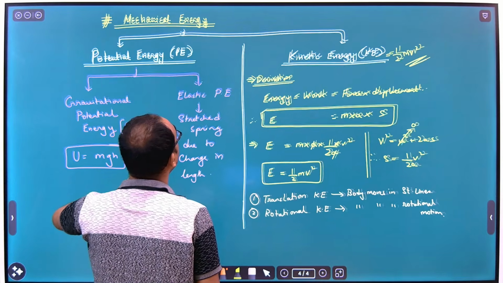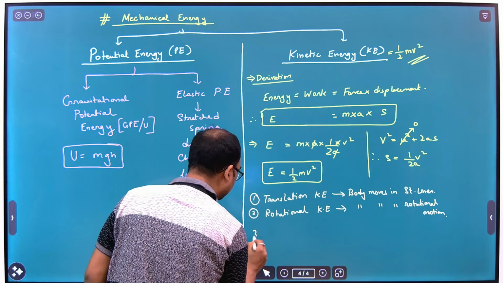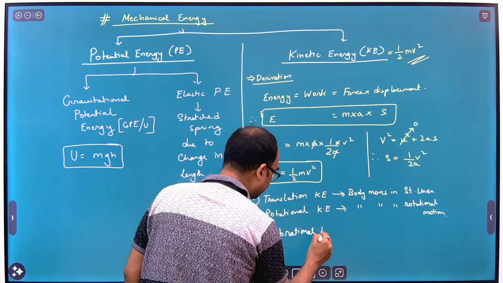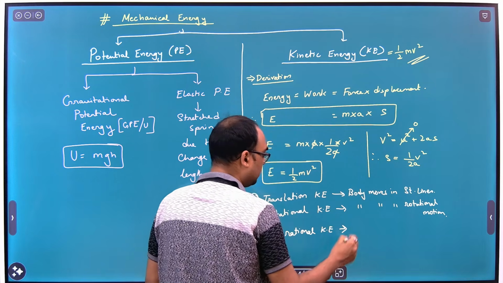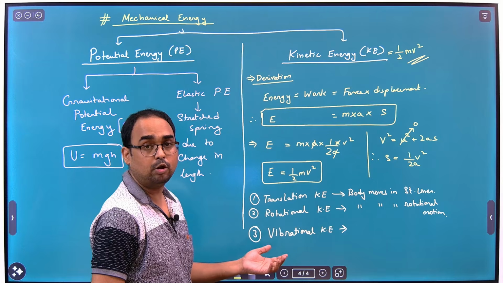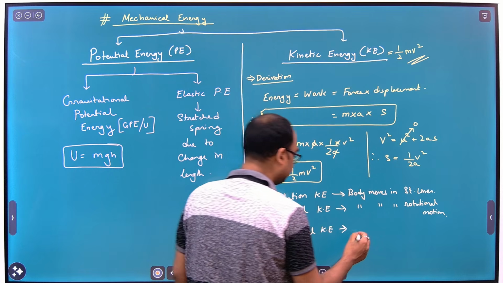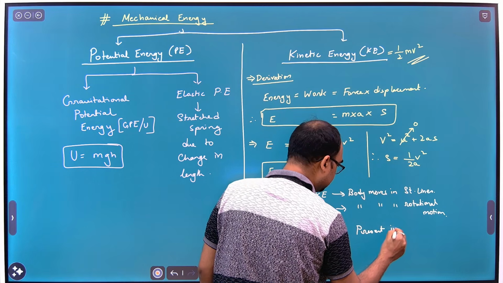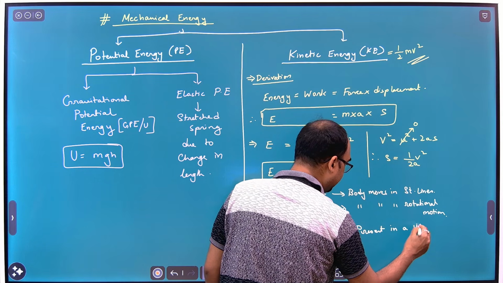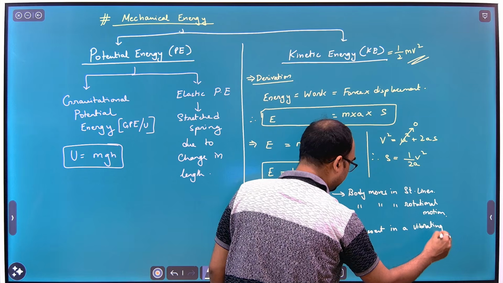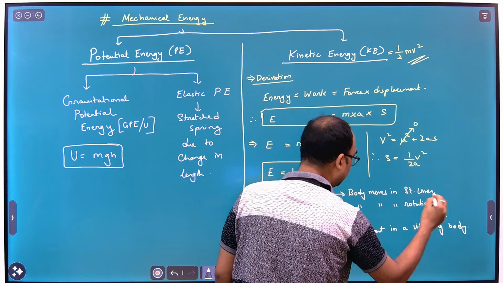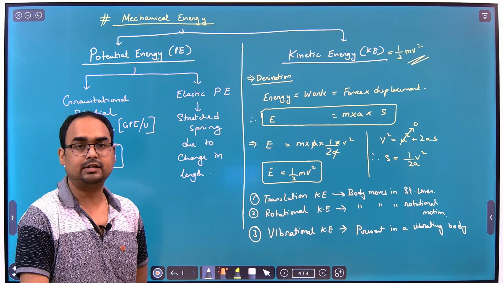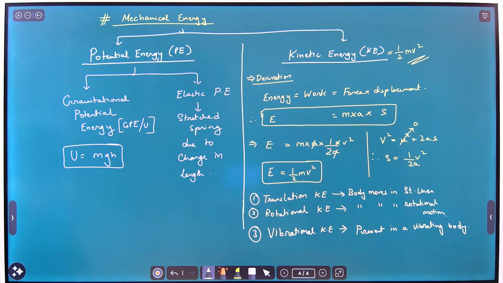And the last is vibrational kinetic energy. It is present inside the molecules or the electrons when they are vibrating, present in a vibrating body or particles. So these are the broadly 3 types of kinetic energy. Please go through this chart once.